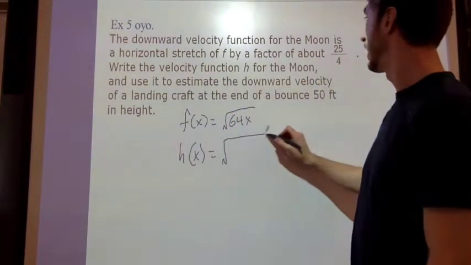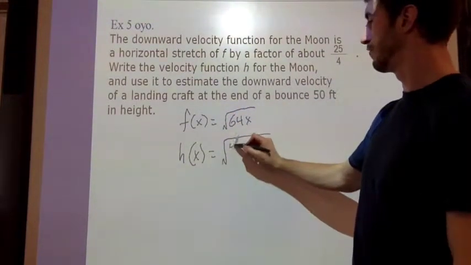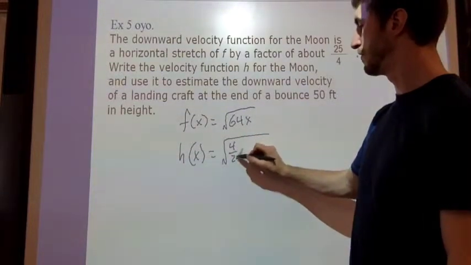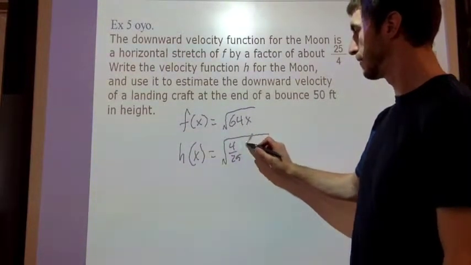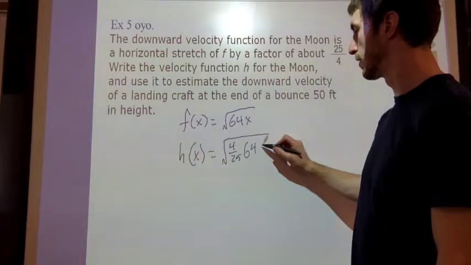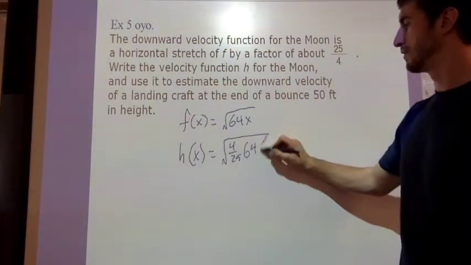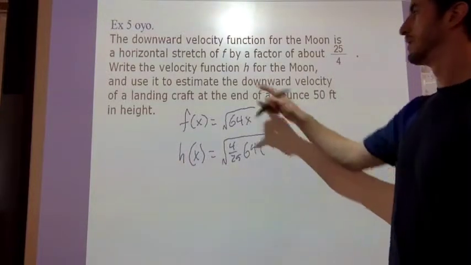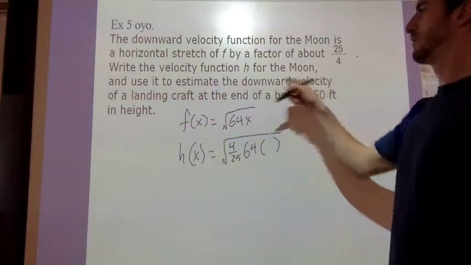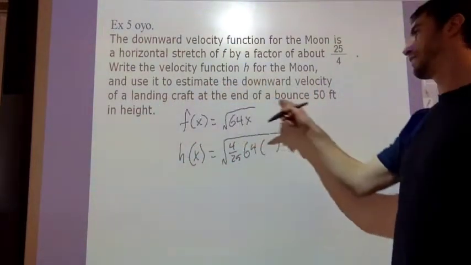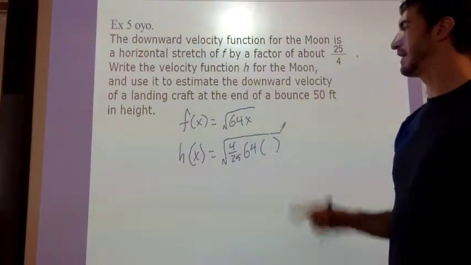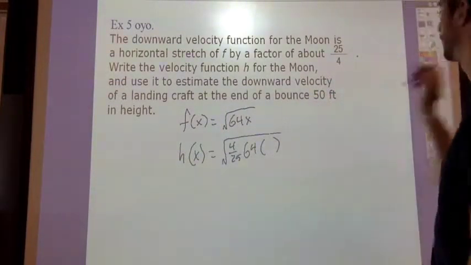So I've got actually 4/25 times 64x. And I'll just leave a blank space there for x. Use it to estimate the downward velocity of a landing craft at the end of a bounce 50 feet in height. So that's my x, so I plug in 50 there.